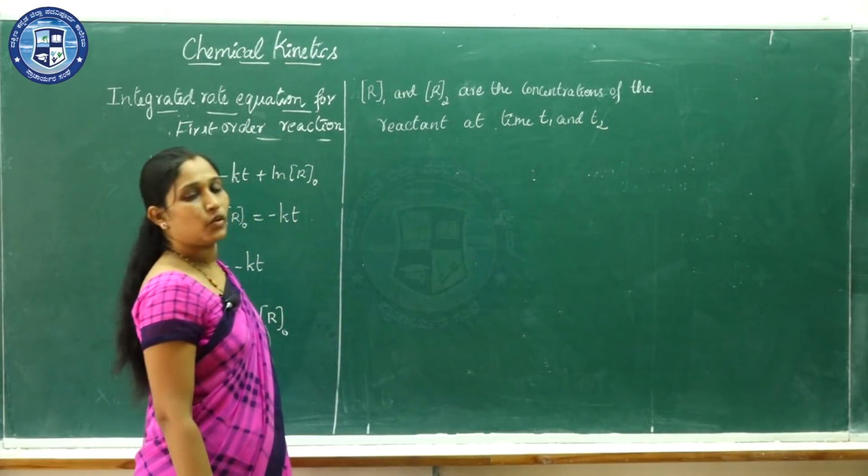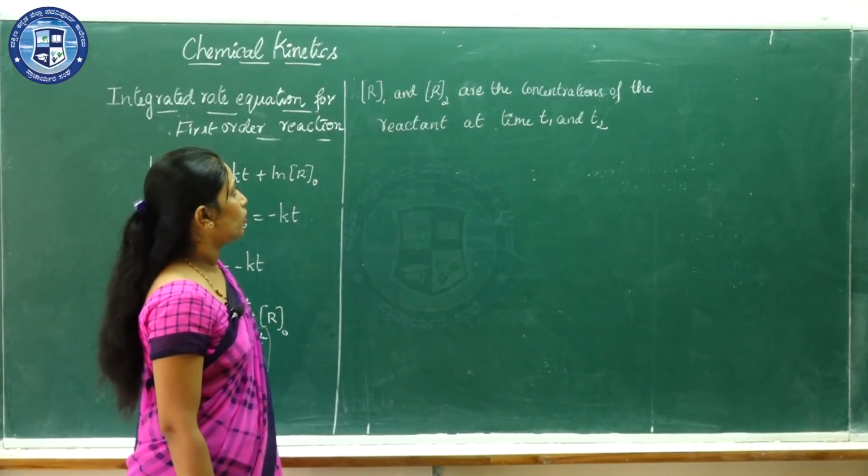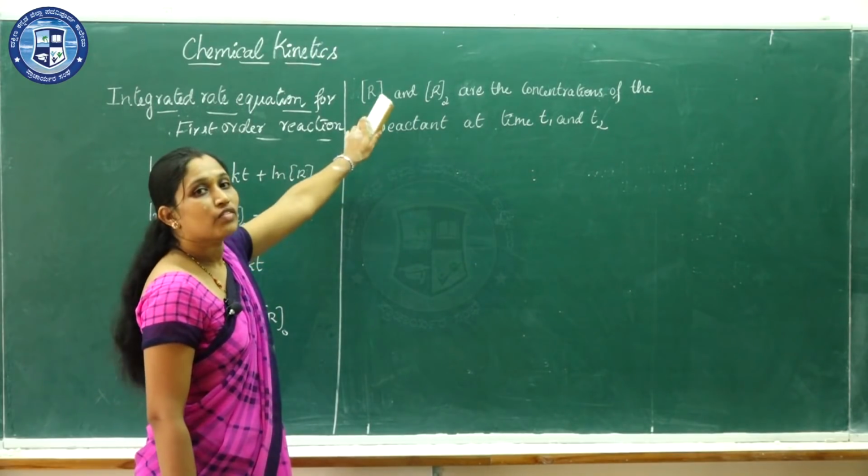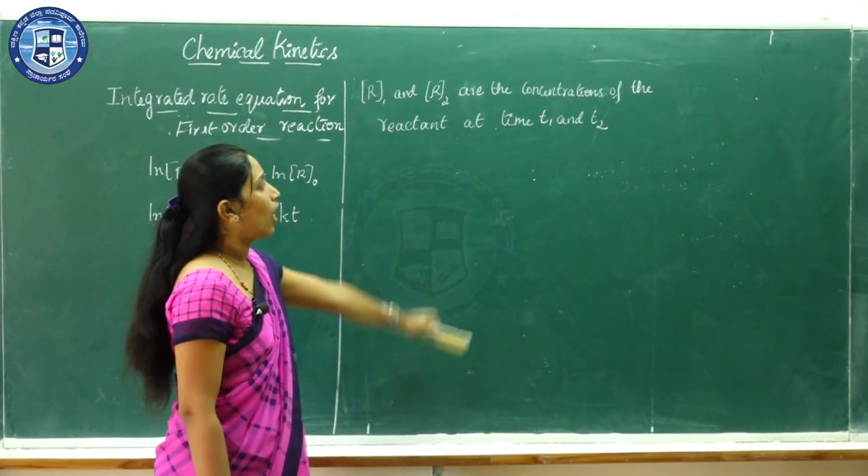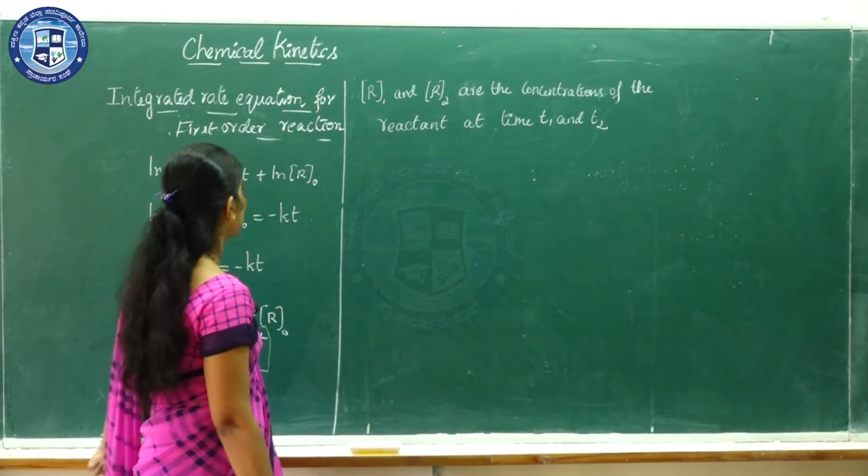So when you have two different times T1 and T2, let the concentration of the reactant be R1 and R2. What happens to the equation at that time?